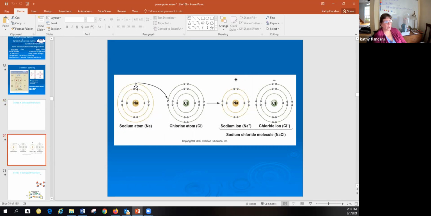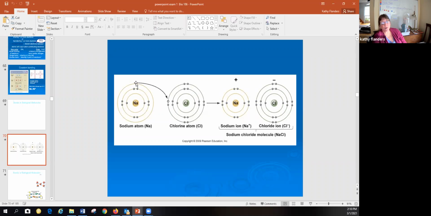Sodium has that wimpy 1 electron in its outer shell. It doesn't want that. It'd rather get rid of that, or I guess I should say the likelihood is better that it can get rid of this 1 electron in its outer shell than it can gain 7 electrons. So we've also got chloride, who has 7 electrons and wants the 1.